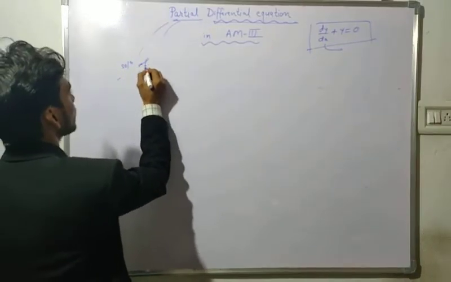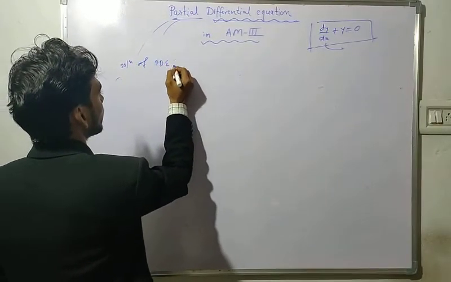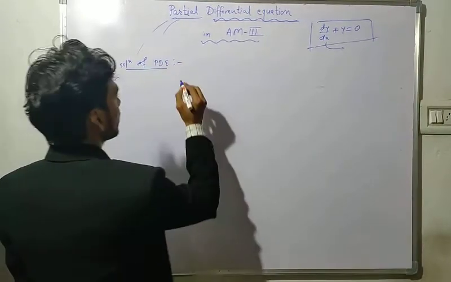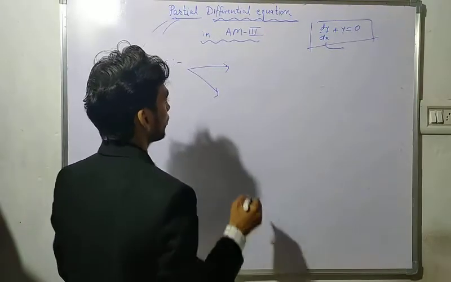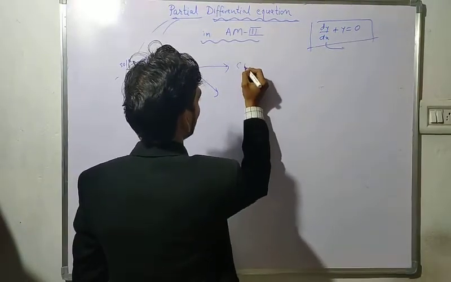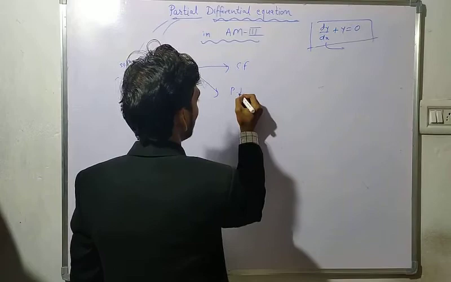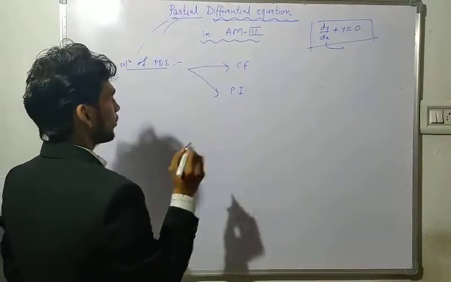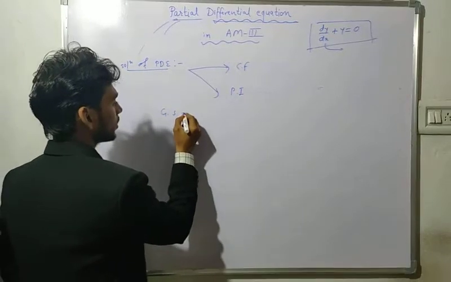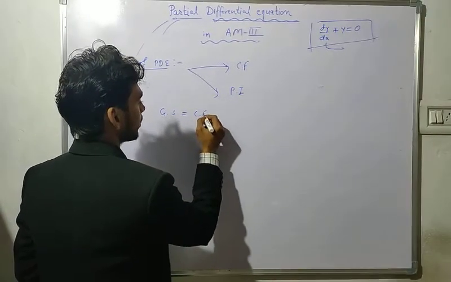Solution of partial differential equation. This partial differential equation also contains two types of solution, that is the complementary function and the particular integral. And to find the general solution we have to find CF plus PI.